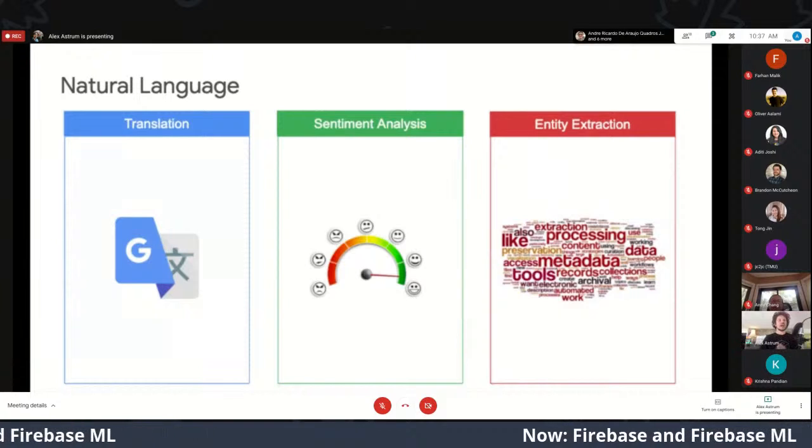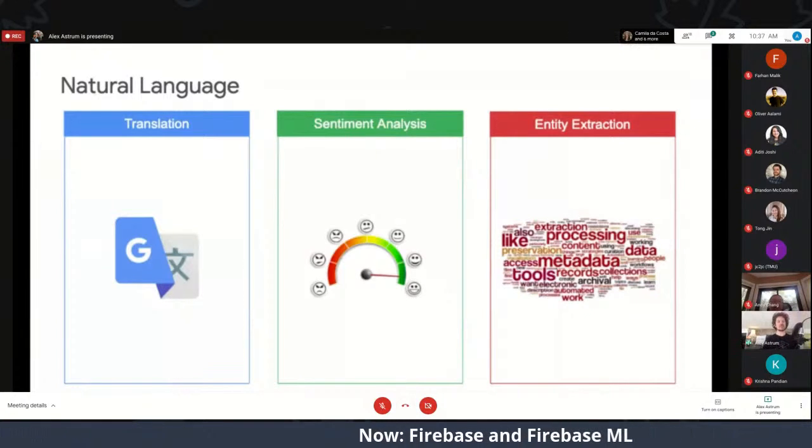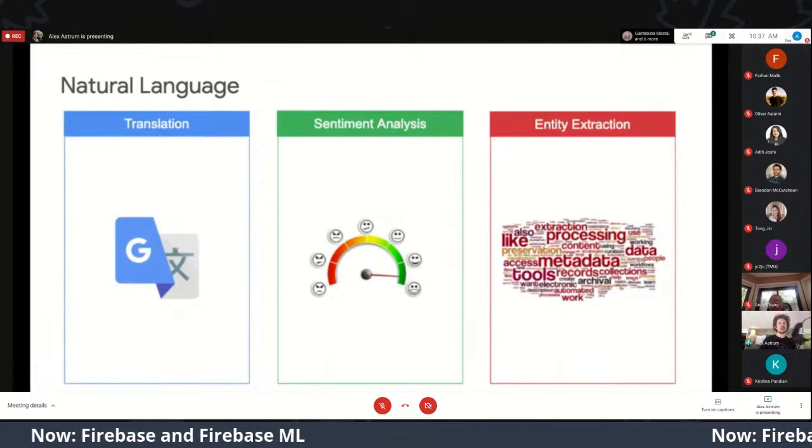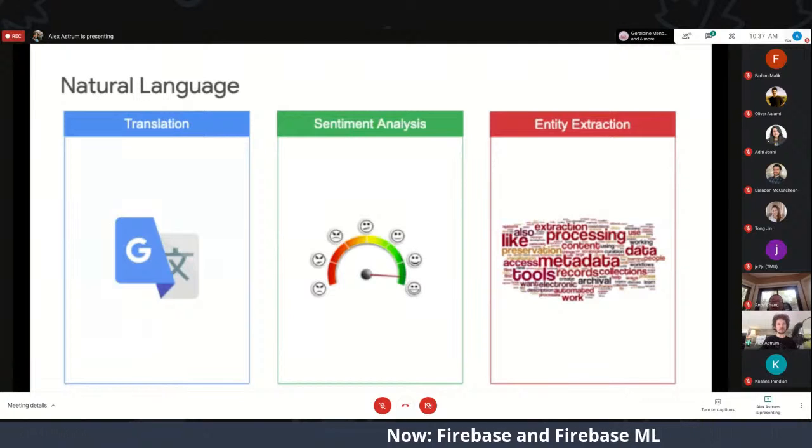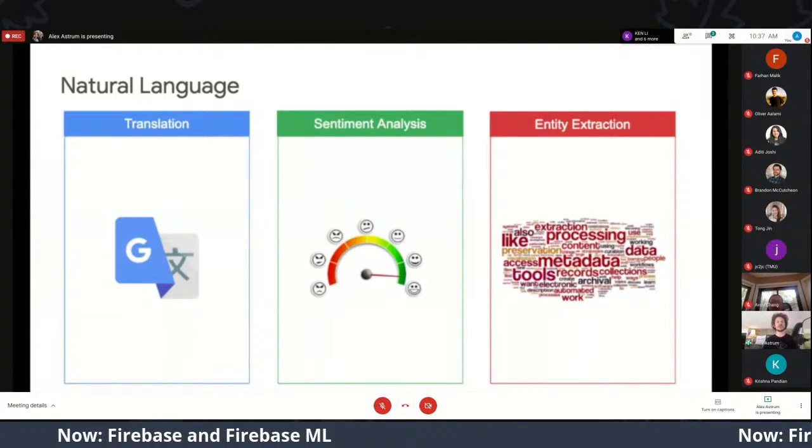The next thing that is also quite common is sentiment analysis, and this might be actually useful in the field. Yet again, there's some room to experiment and see if this can improve the collection of data.